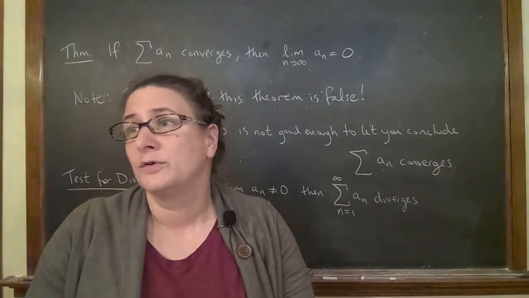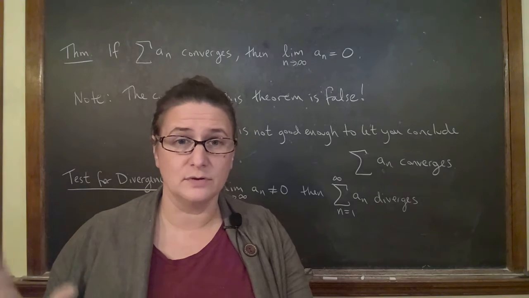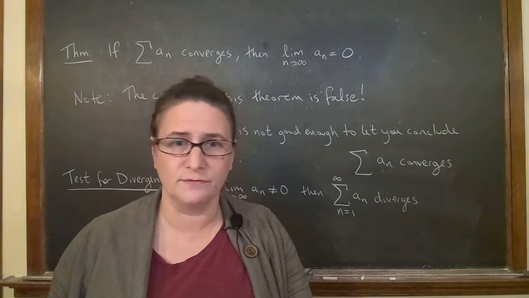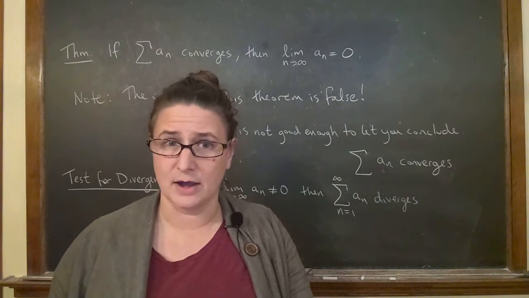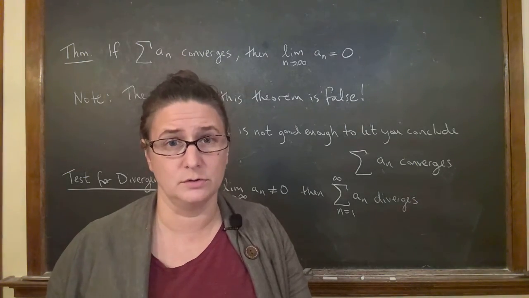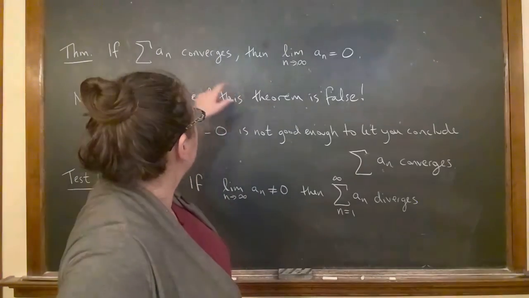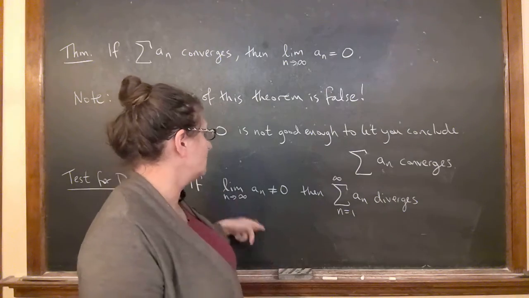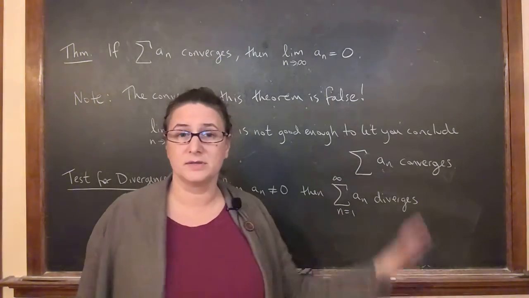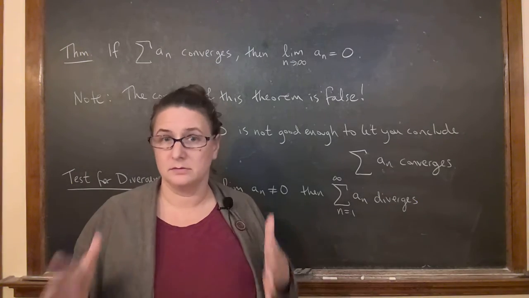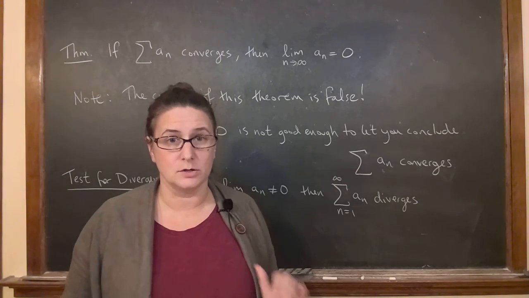But think about after this section, after 11.2, we're going to go through the rest of the chapter, and there are going to be all these different tests for convergence. How do you test this? How do you test that? The first thing you should always do is look at that a_n and make sure a_n goes to 0, because you don't want to be spending a lot of time on something really complicated when it could be an easy one that you can recognize is not doing what you need it to do.